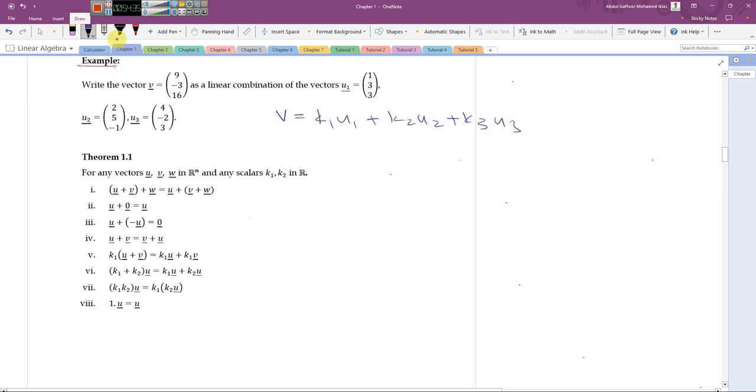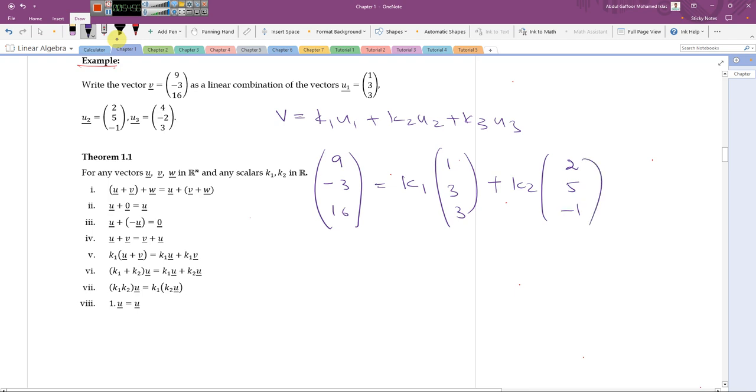Now v is (9, -3, 16), equal to k1 times u1, which is (1, 3, 3), plus k2 times u2, which is (2, 5, -1), plus k3 times u3, which is (4, -2, 3).